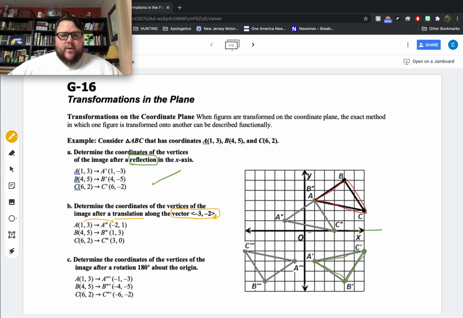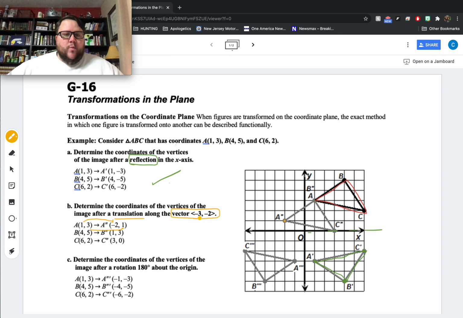And then our y is 3, so 3 minus 2 gives us 1. So our A double prime, because this is our second image, is going to be -2, 1. Right there.